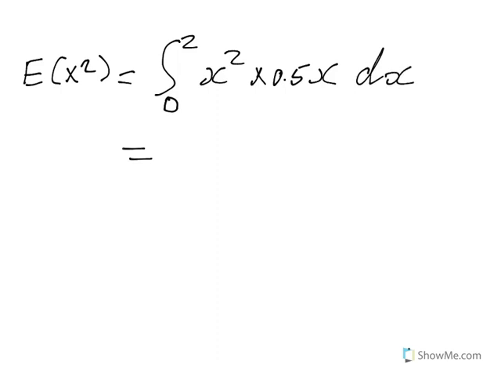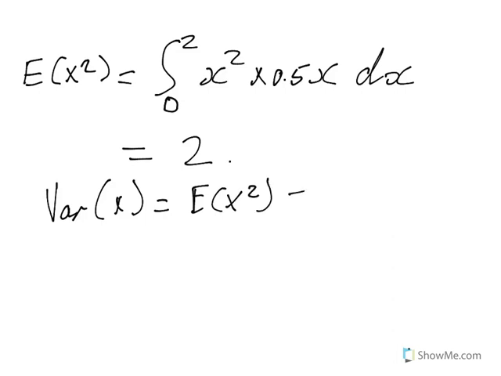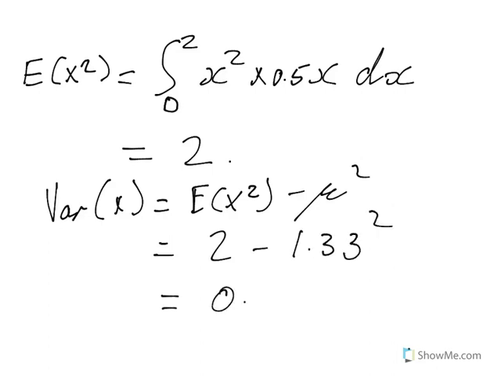And when you do that, you get 2 on your calculator. So the variance of x, a reminder, is the expectation value of x squared minus the mean squared. So that's 2 minus 1.33 squared, which we would do on our calculator, and then we get 0.2231 for that.